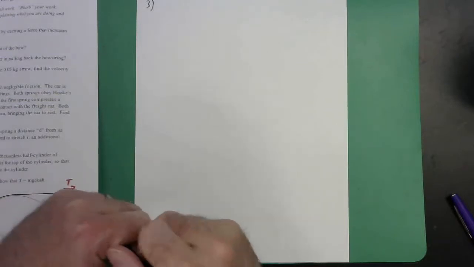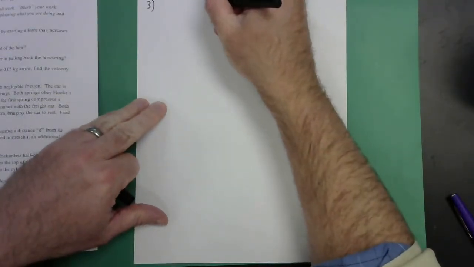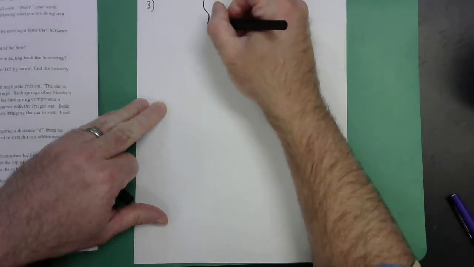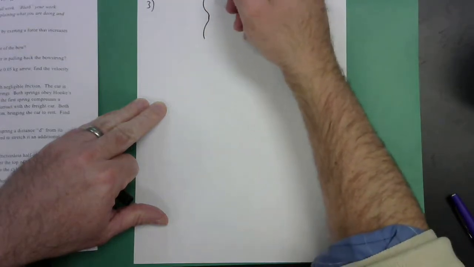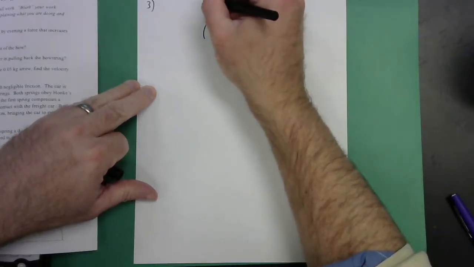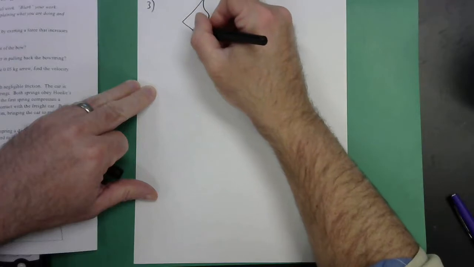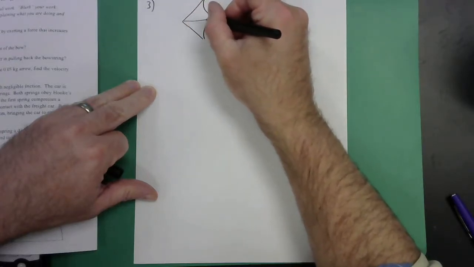So let's see here. We have this bow. I wish I had a brown marker. It doesn't look like wood. But anyway, here we go. Does that look right to you? Yeah, sure, why not? Okay, we got our arrow.